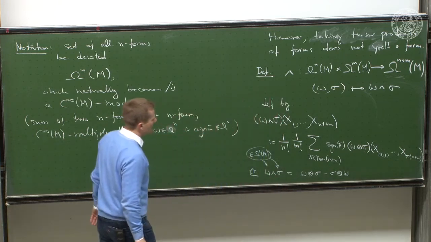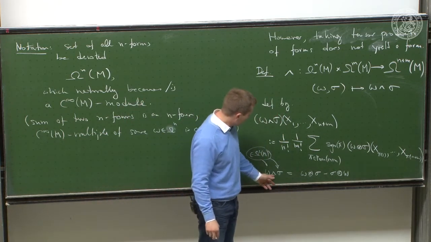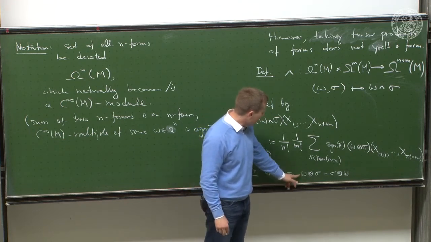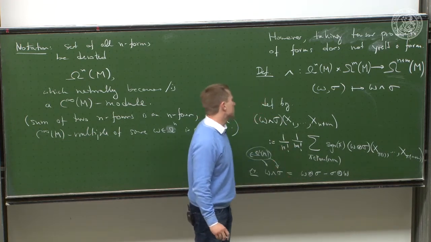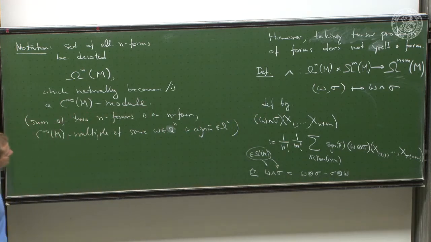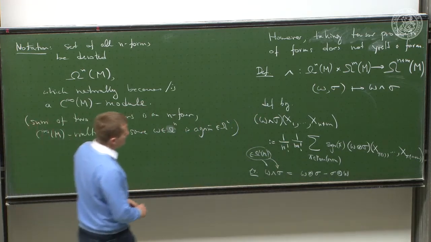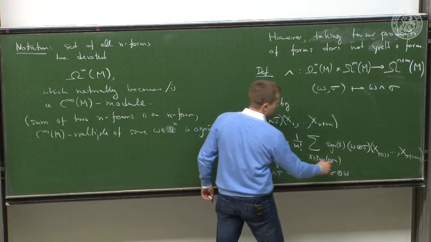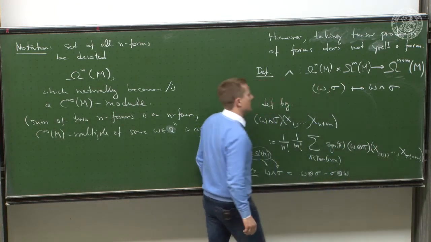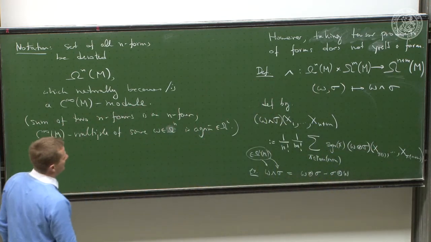There are several conventions you could choose for defining this wedge. You could also put a weight here. Anyway, this is the convention we're going to choose here. And these factors, of course, just compensate for the fact that the omega and the sigma are already antisymmetric. You don't want to pick up ever more factors here.